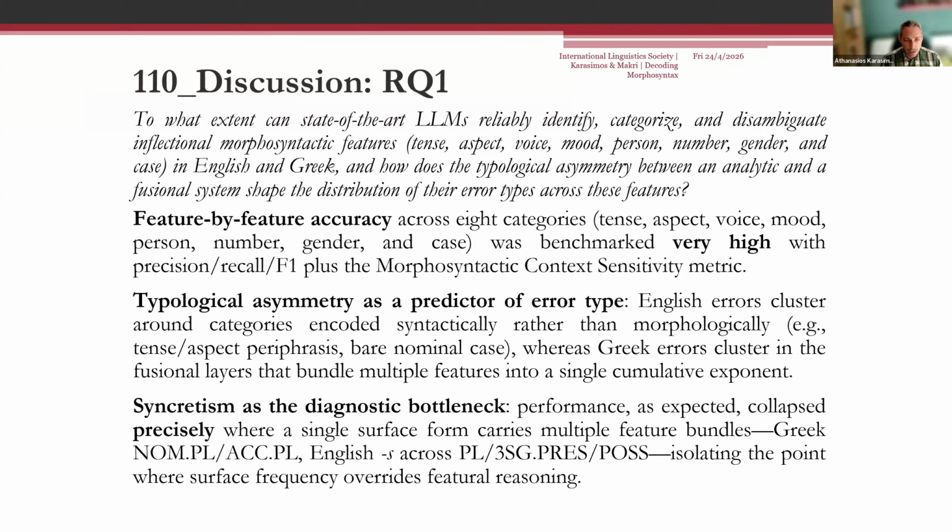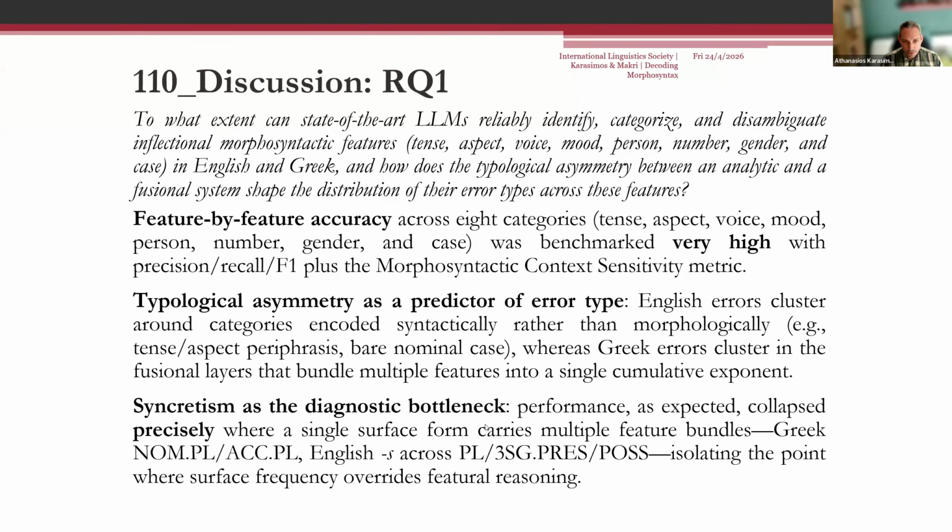Also, the typological asymmetry as a predictor of error shows that the English errors cluster around categories encoded syntactically rather than morphologically, compared to the Greek ones, where the errors cluster in the fusional layers that bundle multiple features into a single cumulative exponent, since one morpheme can contain at least 3 values of 3 different categories.